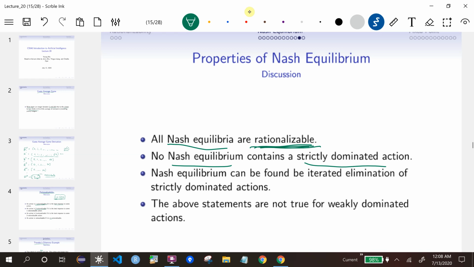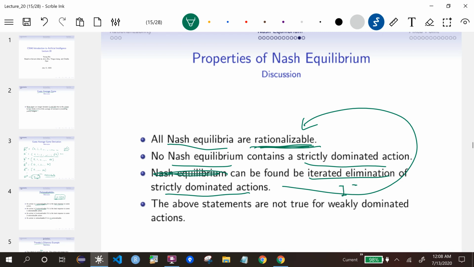the next one is not phrased in a way that I like. It says Nash equilibrium cannot be found by iterative elimination. Remember, iterative elimination of strictly dominant actions is the way to find the rationalizable set. So this should be written like, first IDS, and I'm using S here because S stands for strategy instead of action.